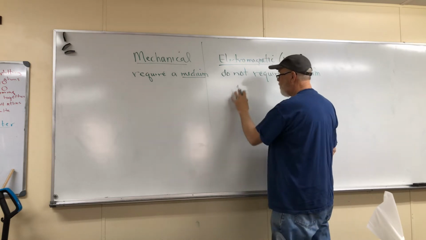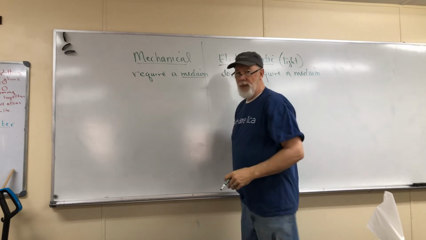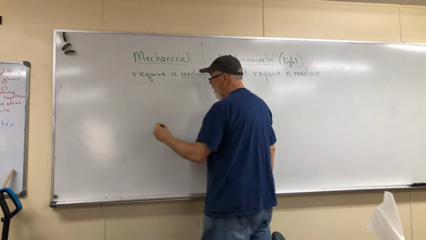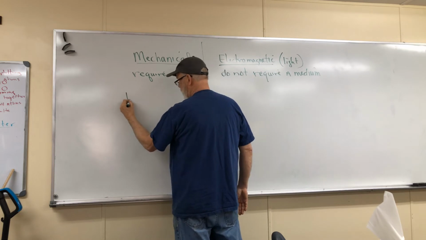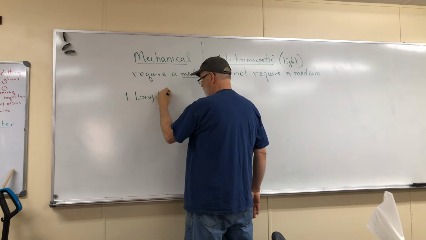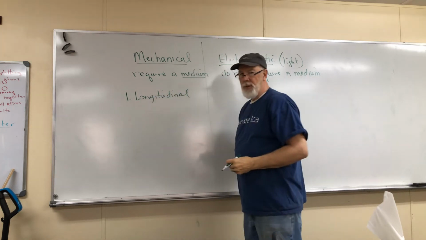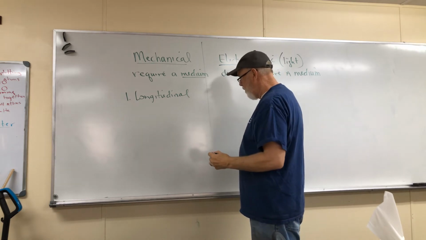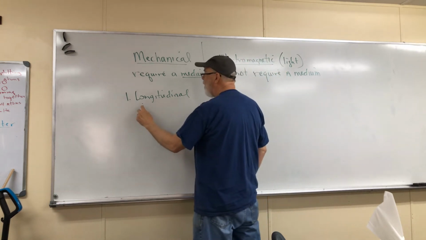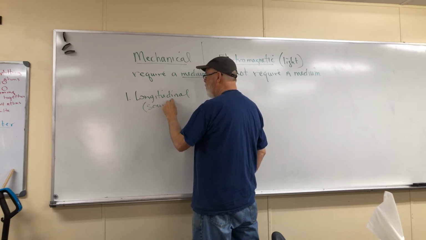Now, we'll talk about this one in a second. Let's go back to the mechanical waves. The three different kinds that we have here, number one is longitudinal. Longitudinal waves is a word that we don't generally use much, but the example of those is most commonly sound waves.